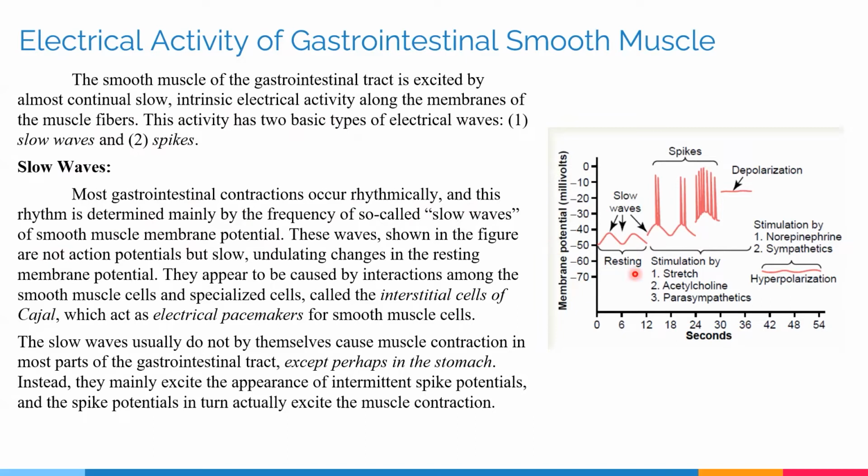In this particular plot, we have plotted the membrane potential in millivolts against seconds, and we can see the first part shows us the resting rhythmical slow waves that are present in the gastrointestinal smooth muscles.